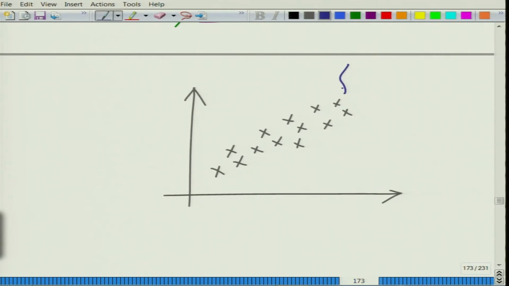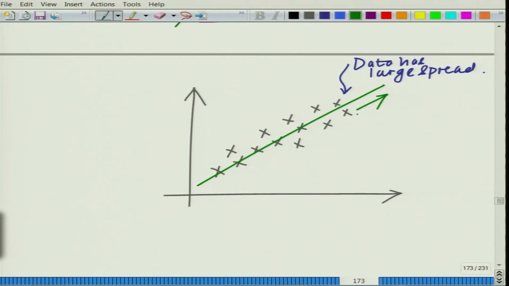You can see this is your data which has large spread, but if you look at this data along this direction, this has the most spread along this direction, right. Most spread along this direction implies basically the largest variance, right, implies large variance.